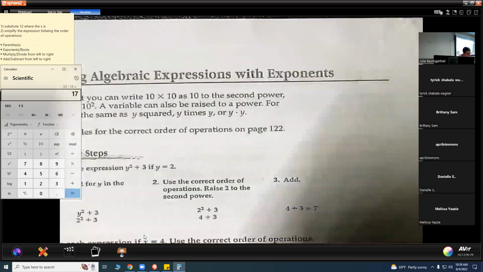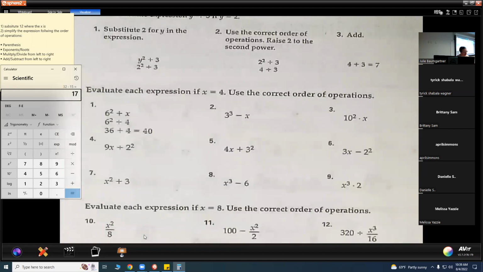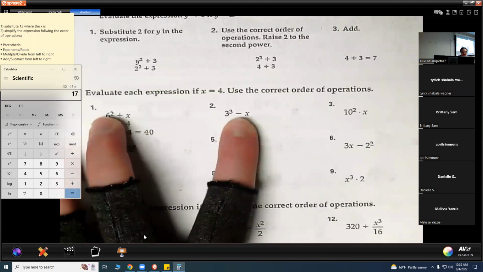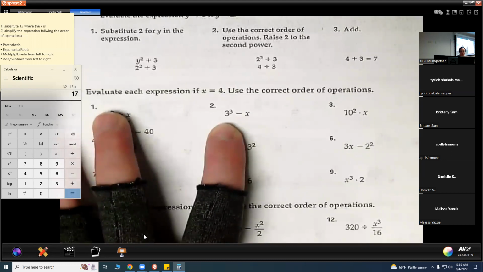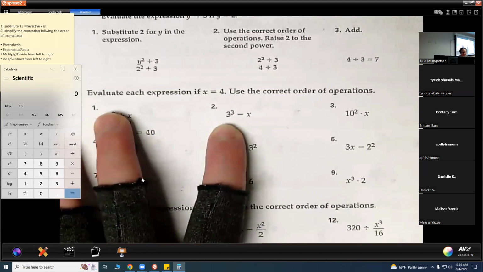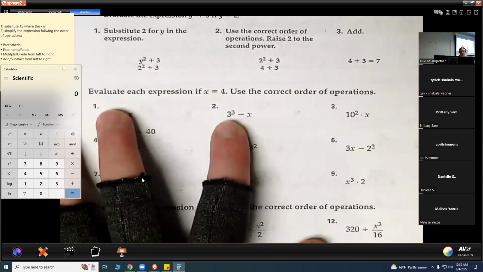So just to remind ourselves, hopefully everyone's still remembering, what does this mean? 3 to the third power or 3 cubed? Anyone remember? We see this 3 times 3 times 3.